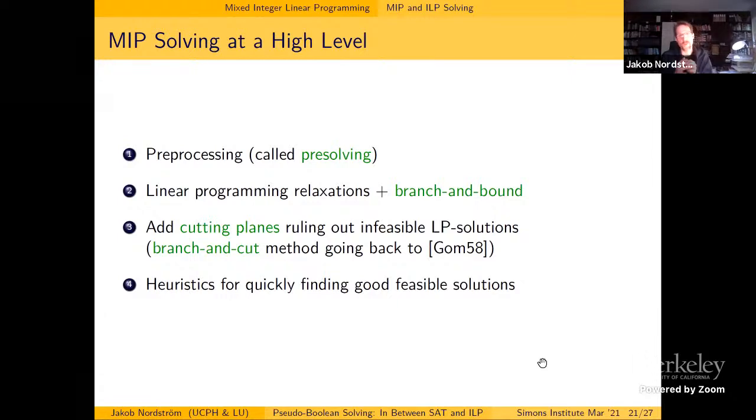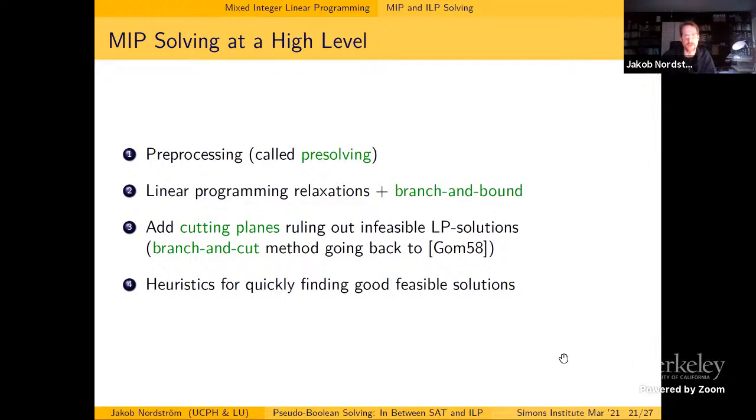So what MIP solvers do is, as I already said, they have pre-processing, which is important. And then they work by not trying to find Boolean solutions, but instead they relax the problem, solve linear programming relaxations, and then try to use that to store information about how good or bad the solution can be.